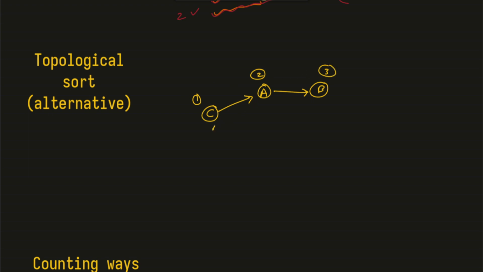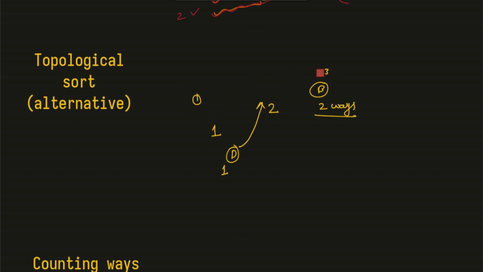Say there was one way to arrive at C, then there would be one way to arrive at, say, another node D, and it had one way to arrive, then A will have two ways and B will also have two ways. And this order is important because if you evaluate these summations in a different order, then it may result in an incorrect solution. So to find the correct order, we use topological sort.